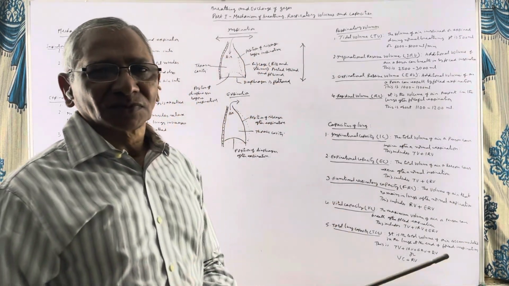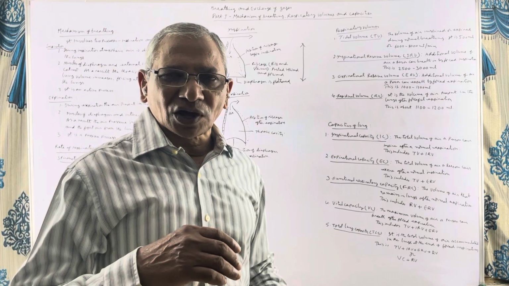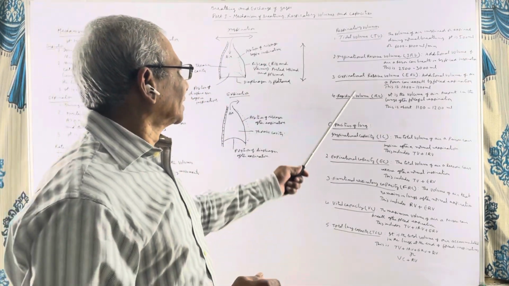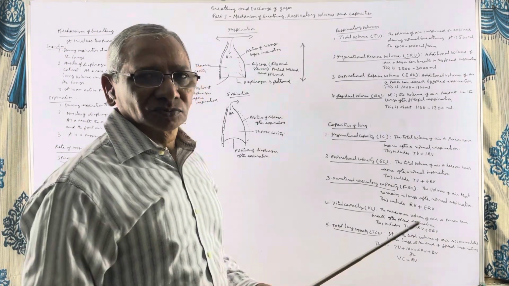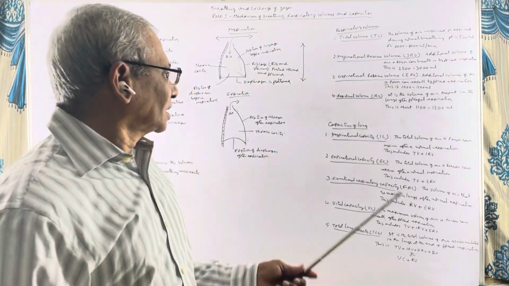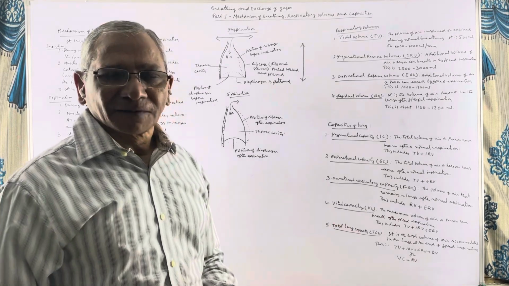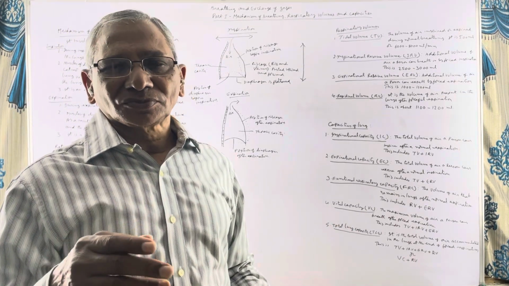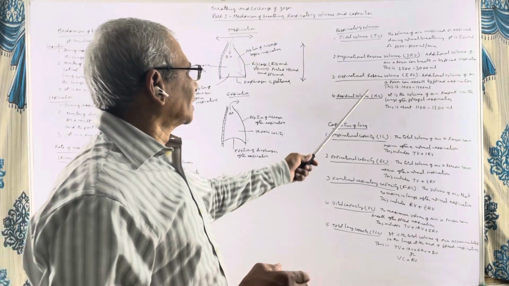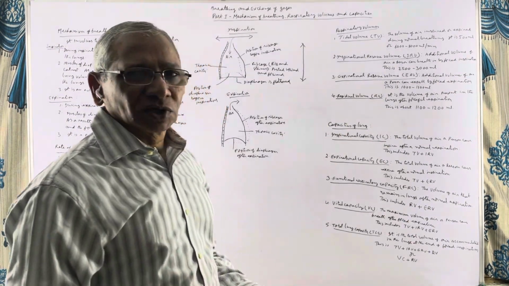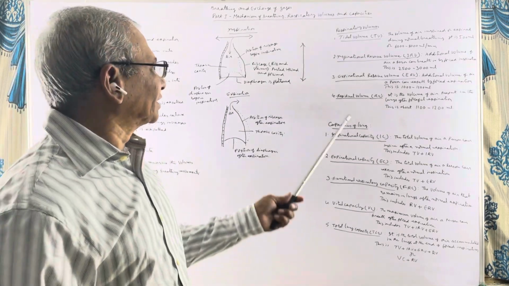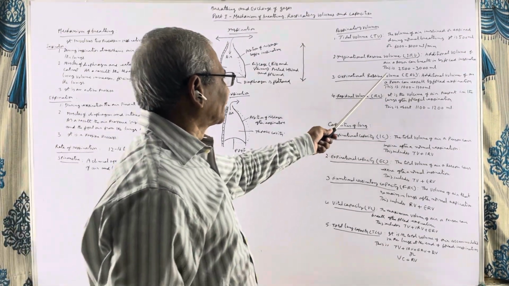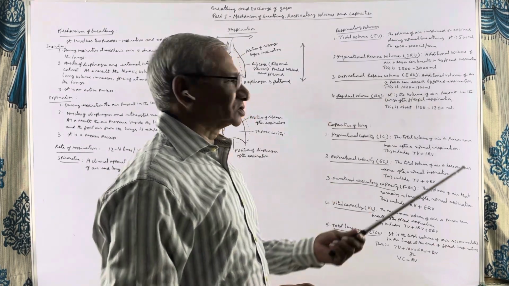That means the 500 ml of air we have expelled will be taken back again, plus inspirational reserve volume. So inspirational capacity means 500 ml of tidal volume plus 2,500 to 3,000 ml of inspirational reserve volume. That means it comes to around 3,000 to 3,500 ml.